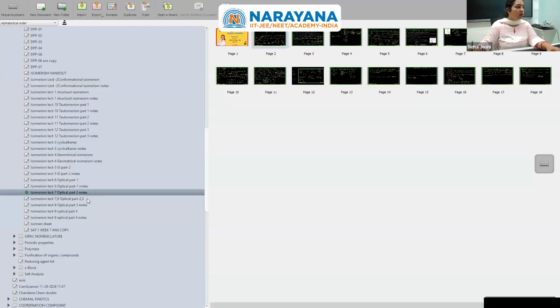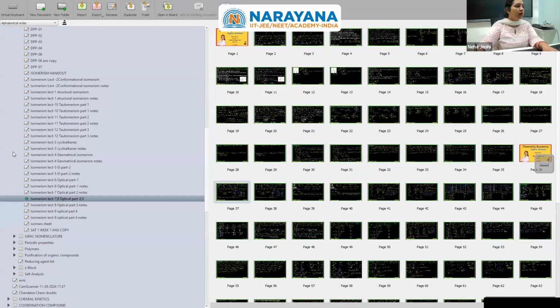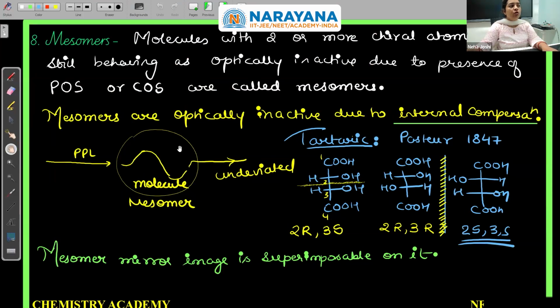Let us move to the next. Yeah, here. Mesomers: a molecule with two or more chiral atoms, but still behaving as optically inactive due to the presence of a POS or COS, is called a mesomer. Now the difference is that in a racemic mixture, one molecule has an effect on plane polarized light and its effect is nullified by another molecule, whereas in a mesomer that effect is nullified within the molecule.